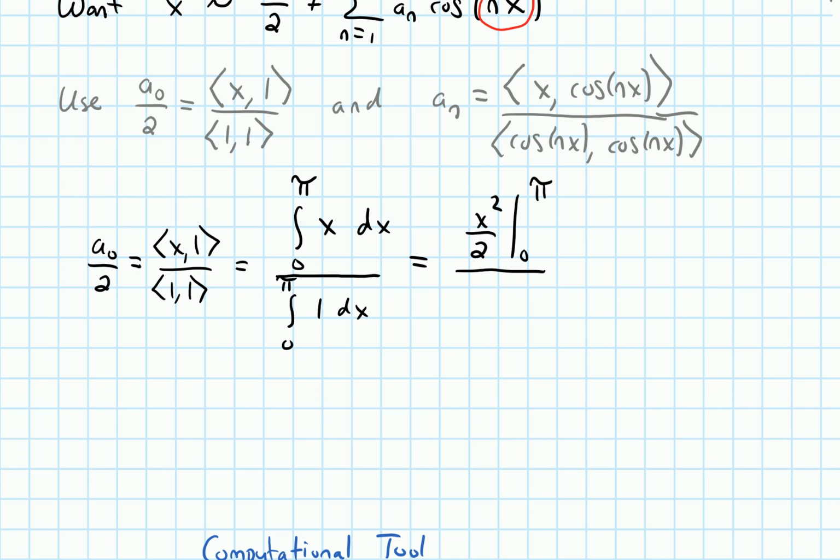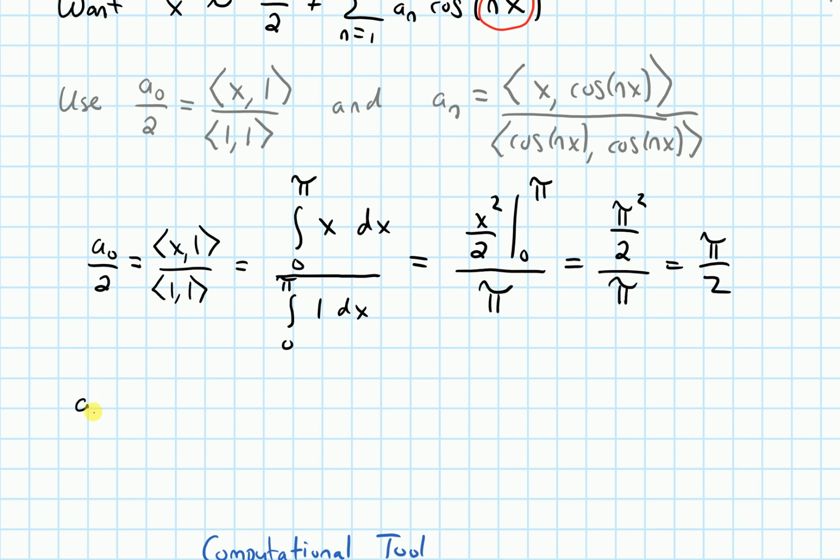Actually, the bottom one's just pi, because this is the area under 1 from 0 to pi. Plugging into the numerator, I get pi squared over 2 minus 0, divided by pi, and then I can cancel the pi to get pi over 2. So that is our constant term. That's what a naught over 2 is.